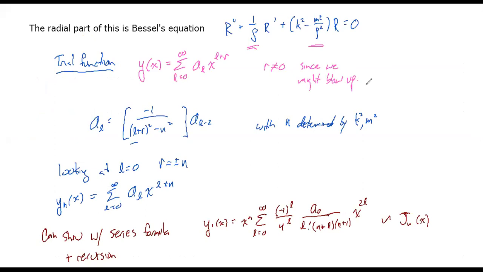Okay, so this is what we have. We have, quite frankly, gnarly series solutions for Bessel's equation. So we have Jn of x.